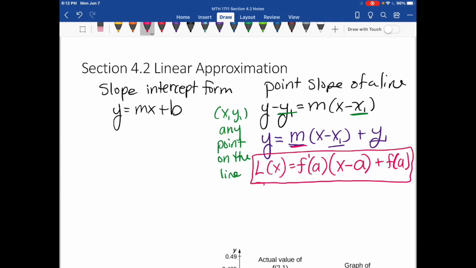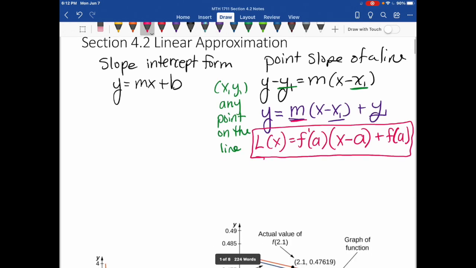So this is the form of the tangent line equation that the book uses in this section. It's just different notation, but it's what we've been doing all along.